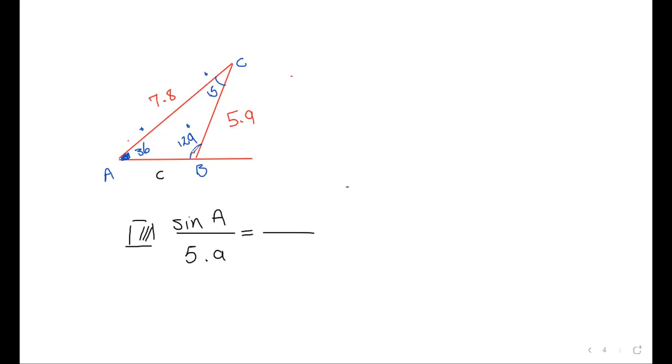You should see that we have all the information that we needed. We have the angles 36, 129, 15, the length 5.9 here, the length 7.8 here. We are looking for C.